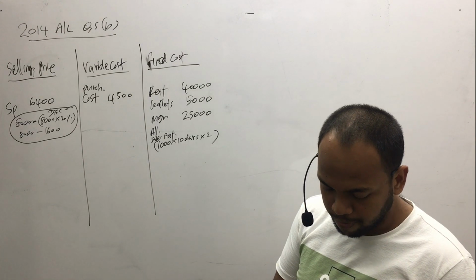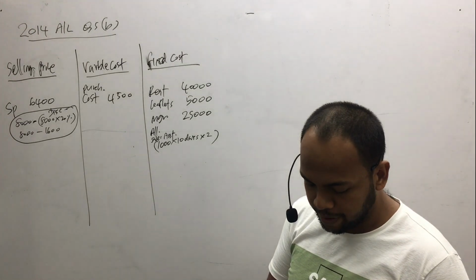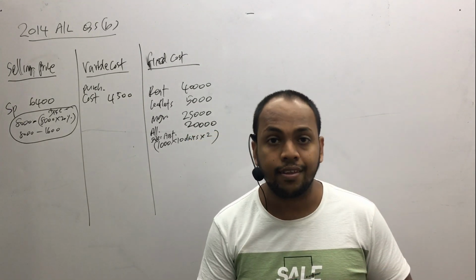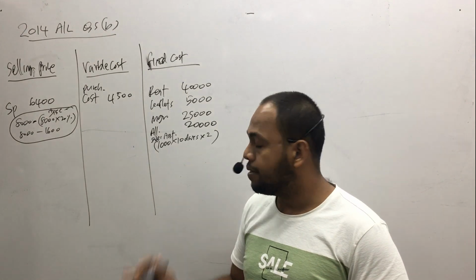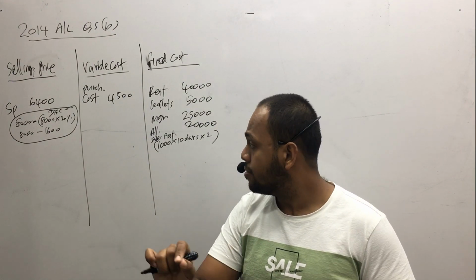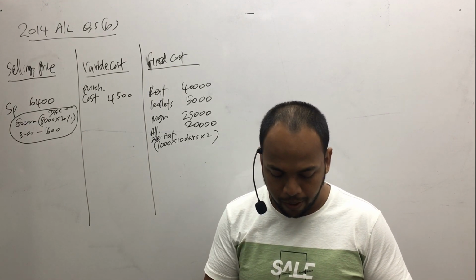Then you need to multiply 1,000 into 10 days into 2, 20,000. For sales assistant cost will be 20,000. Per day we are paying 1,000. For 10 days per assistant we will pay 10,000. For 2 we need to pay 20,000.